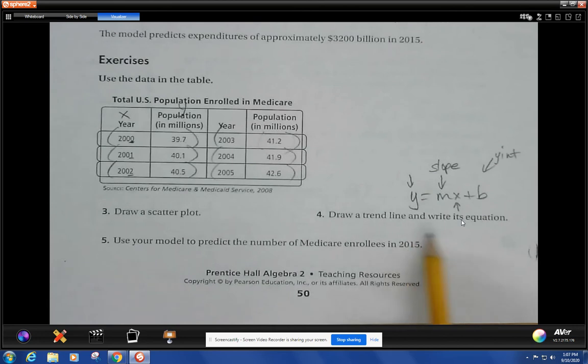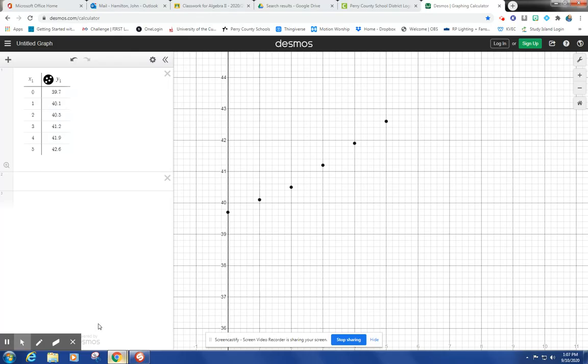So how can I figure out how to write an equation? This is where Desmos is really going to help us out. All right, so here's what we do. We go back to Desmos. And again, it wants me to draw a trend line, and it wants me to write its equation. So here's what I'm going to do. And you're going to have to follow this instruction really, really close.